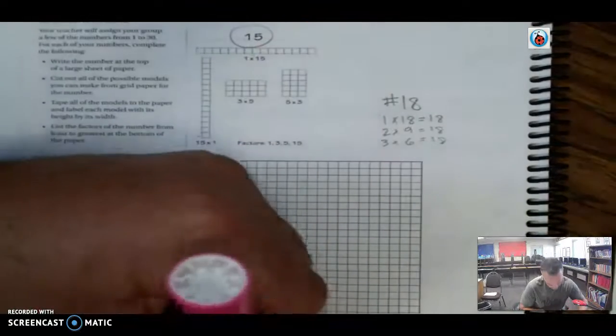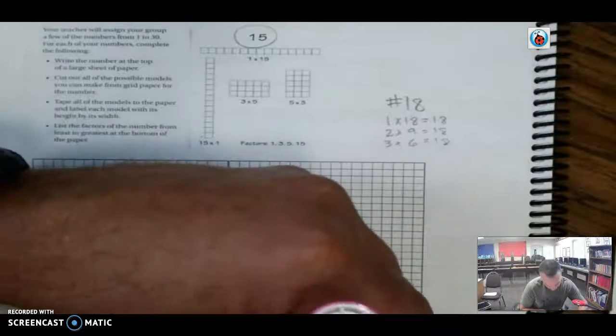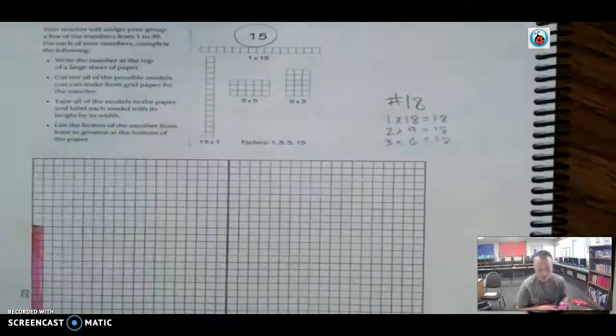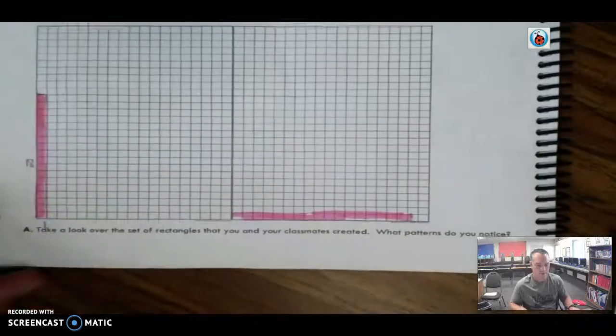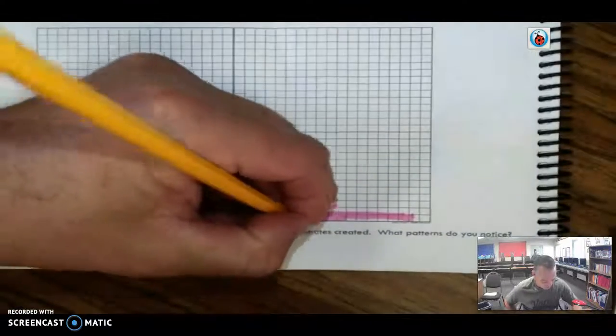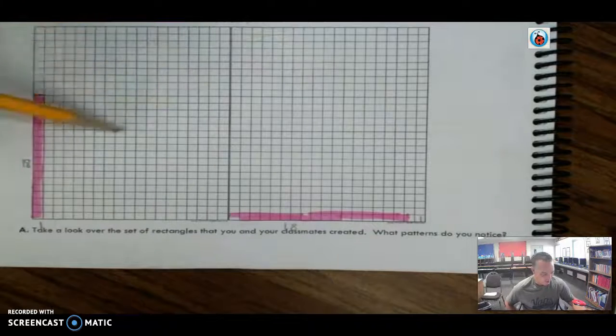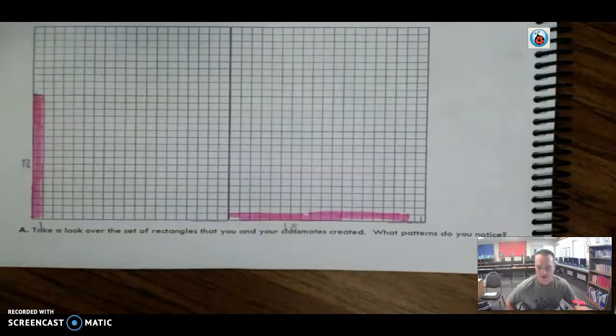So over here, this is going to be an 18 by 1. Alright, that's not a very good job. Oh, and you can't even see it. Oh my gosh. So I counted up to 18 this way, and then this is an 18 by 1. So there you go. And then you're going to do a 2 by 9 somewhere on here, and then a 3 by 6. So go ahead and try that, and then we'll come back together in a minute. So pause the video and do that.